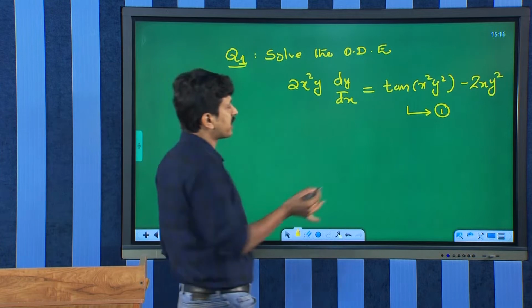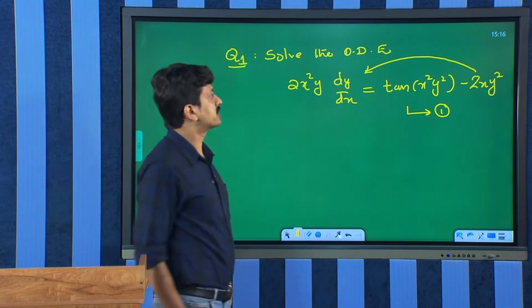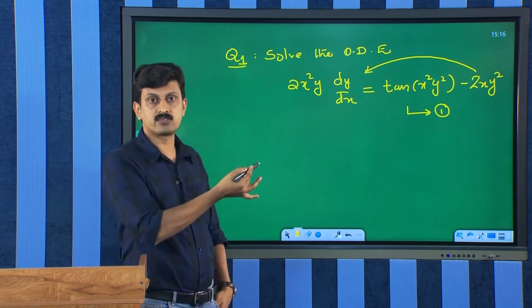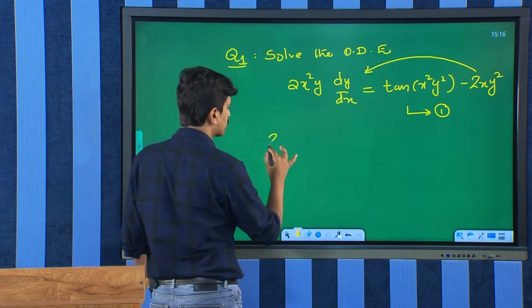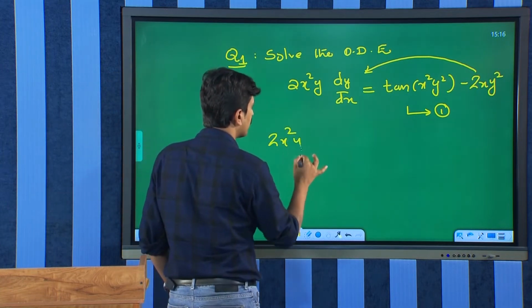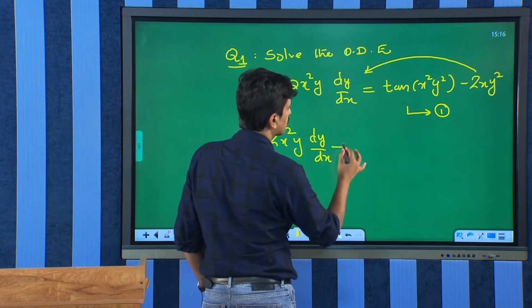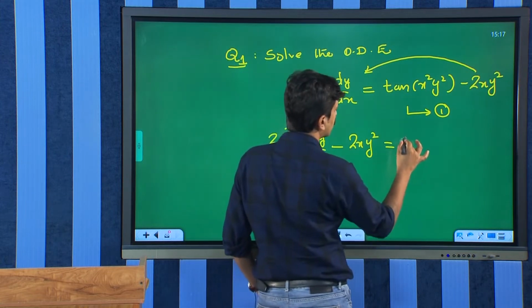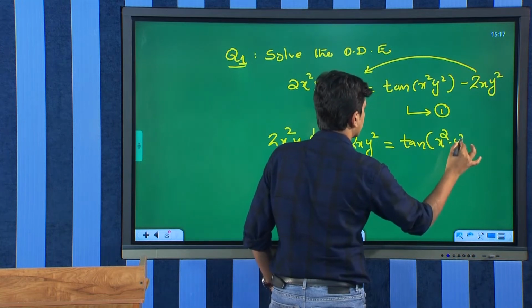I would like to rewrite the differential equation by taking minus 2xy square from the RHS to the LHS. So, we can rewrite this equation as 2x square y dy by dx minus 2xy square is equal to tan of x square y square.